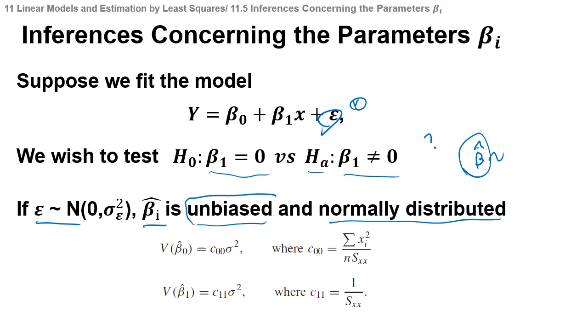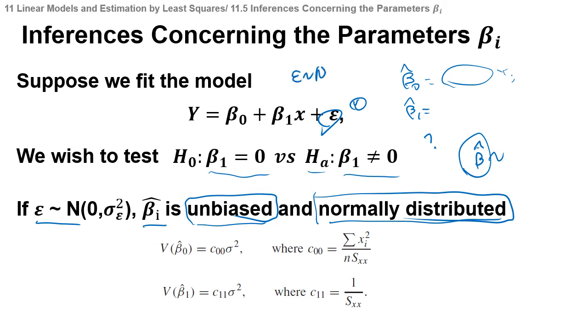We proved that beta i hat is unbiased, so the additional thing to prove is that it is normally distributed. It's easy to prove that beta 0 hat and beta 1 hat are linear combinations of yi's. If epsilon follows a normal distribution with mean zero and variance sigma square, then y follows a normal distribution with mean beta 0 plus beta 1 x and variance sigma square.